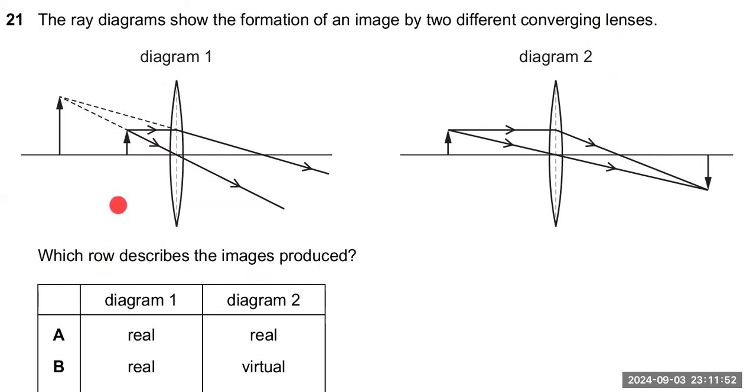Remember, if the object is placed within the focal length of the lens, then the image formed in that situation will be upright, on the same side as the object, and magnified. This image is a virtual image because it is not formed on a screen. So in diagram 1, this image is virtual.